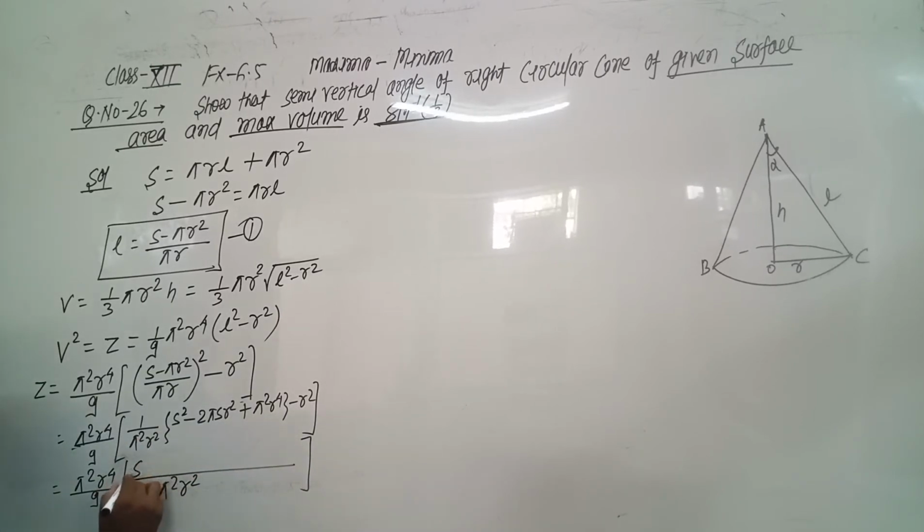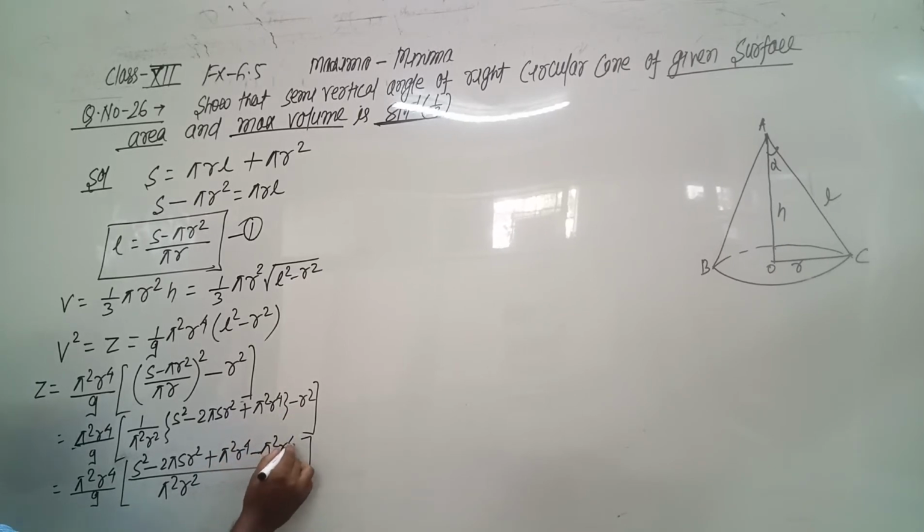So we get S square minus 2 pi S r square plus pi square r to the power 4, minus r square. Taking the LCM, pi square r square, we get S square minus 2 pi S r square plus pi square r to the power 4 minus pi square r to the power 4.